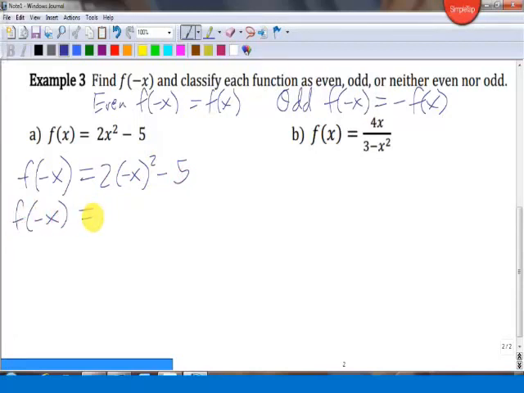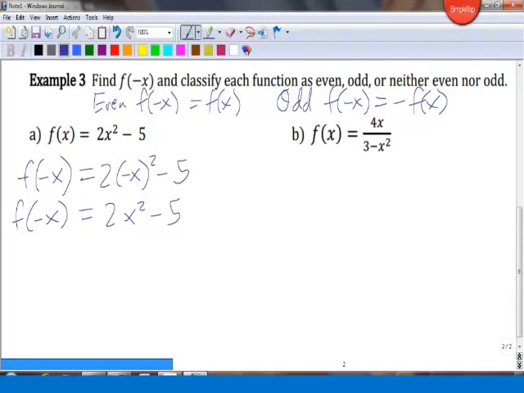What is the square of negative x? Yes. So 2x squared minus 5. We substitute negative x for x, and this should sort of feel like what we did to check for y-axis symmetry. Remember that? We substitute negative x for x, simplify, and then ask ourselves if it was equivalent to the original.